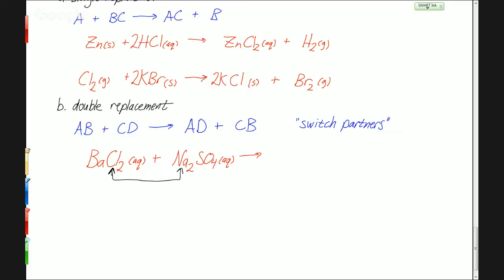What are they going to form? NaCl. And then these two are going to go together. And what's the charge on barium? +2. And what's the charge on sulfate? Yeah, also, or -2. Yeah, it's -2. So those will go together.